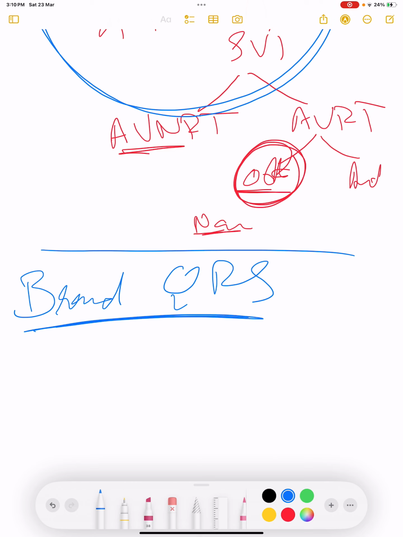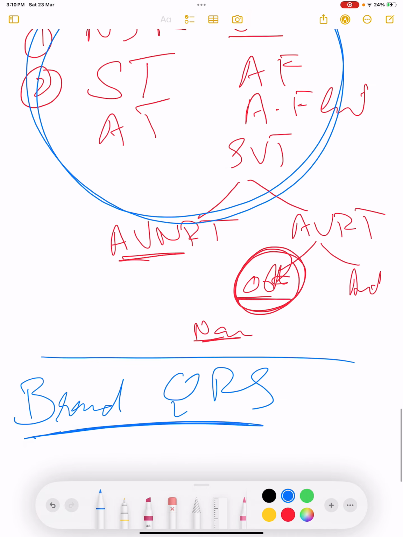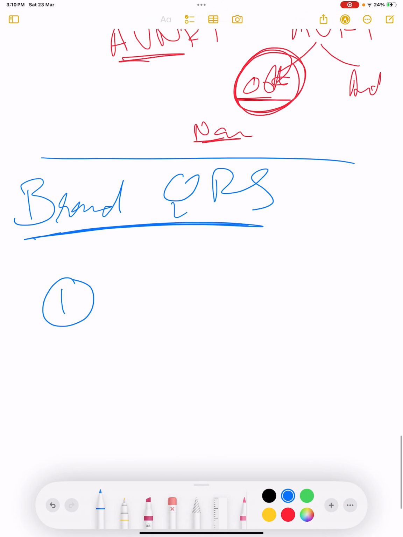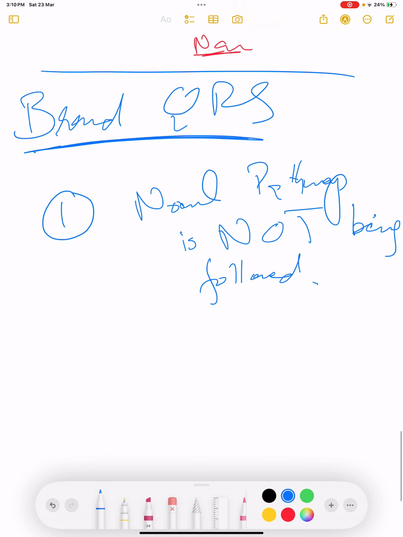Broad QRS complex. So which condition will lead to broad QRS complex? Any condition in which, number one, the normal pathway is not being followed, or number two, conduction starts below the AV node. These are the two conditions, and the overall concept is that the normal pathway is not being followed.